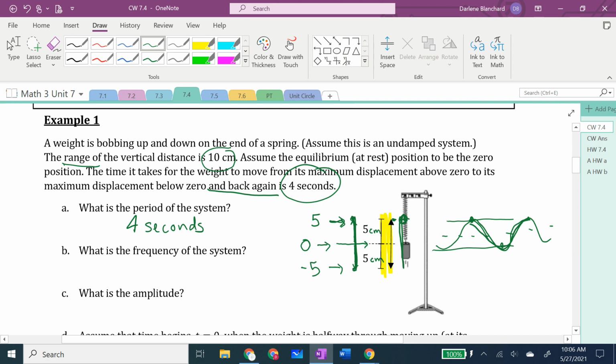So what is the frequency of the system then? If I take the reciprocal of 4, I get 1/4. But what is that representing exactly?